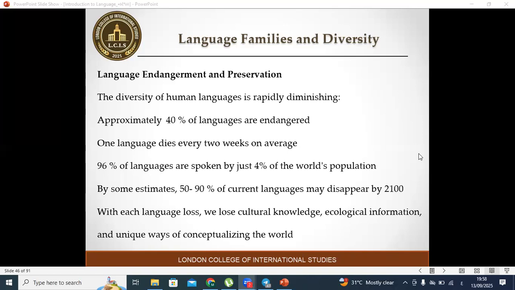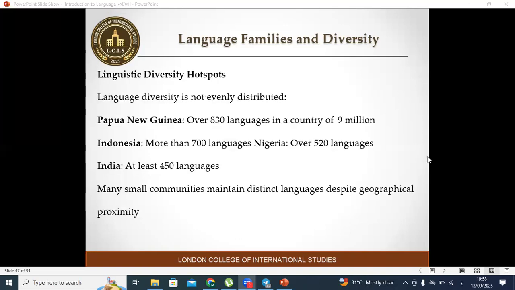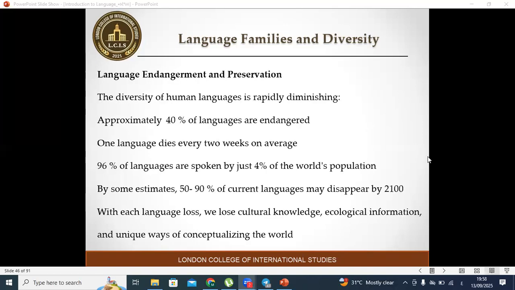By some estimates, 50 to 90% of current languages may disappear by 2100. With each language loss, we lose cultural knowledge, ecological information, and unique ways of conceptualizing the world.